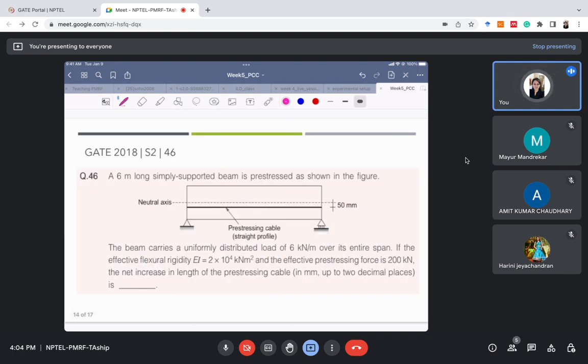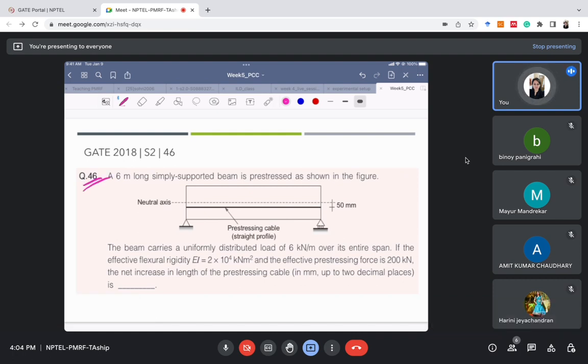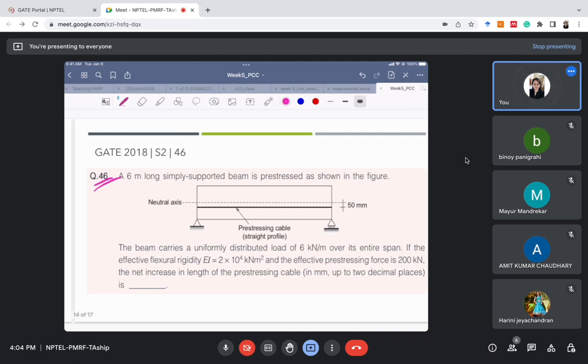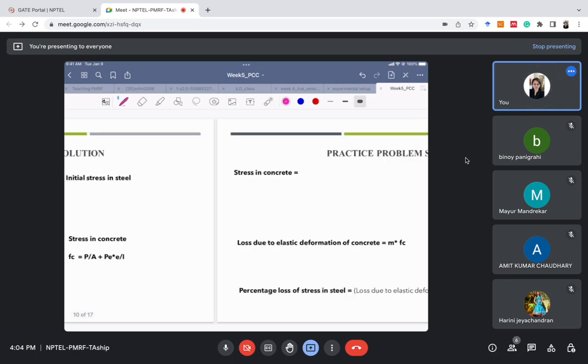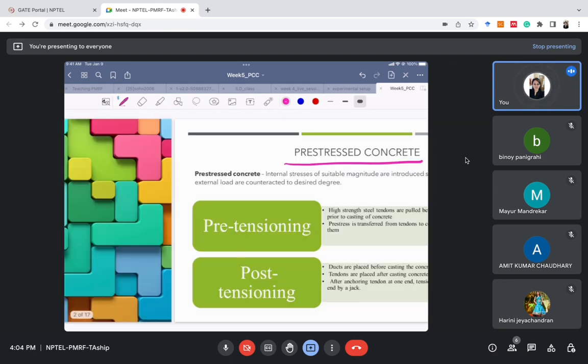The second problem is not related to any type of loss; it will only consider the basic pre-stressed concrete concepts. We'll also use the deflection formulas which I discussed in the last class for this question number 46. I hope it is clear. So I'll start with today's class.